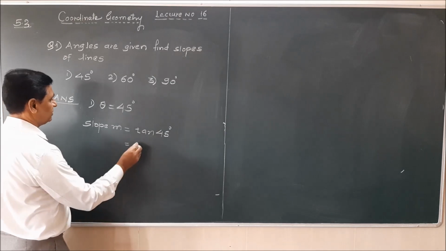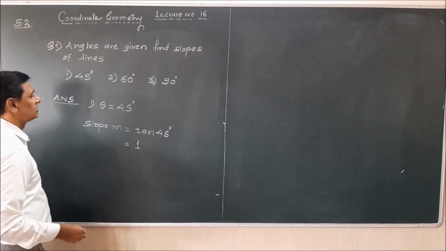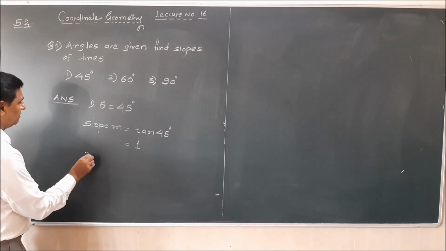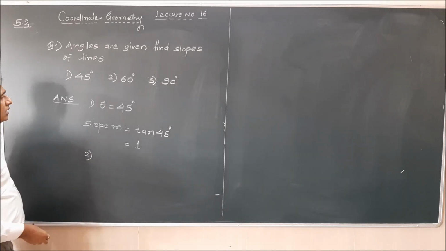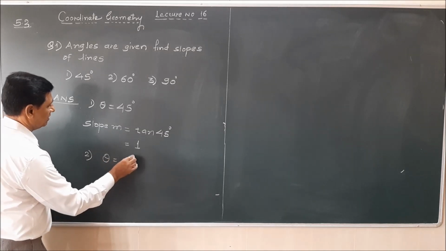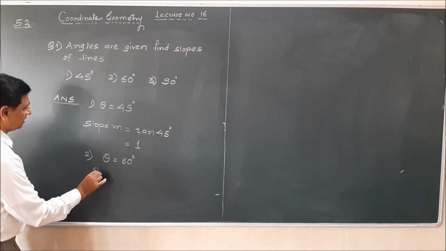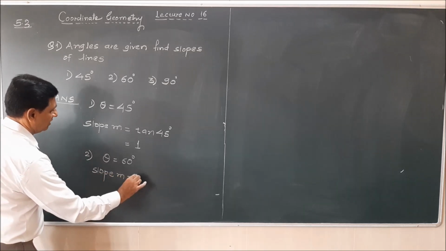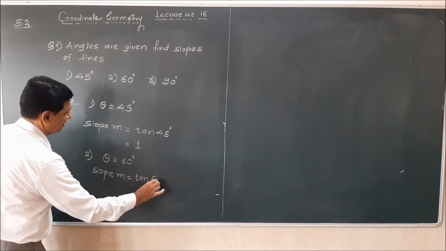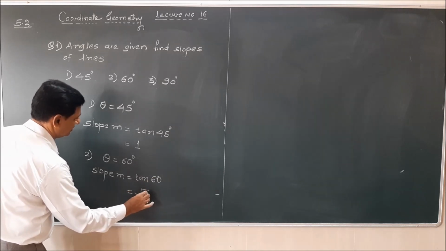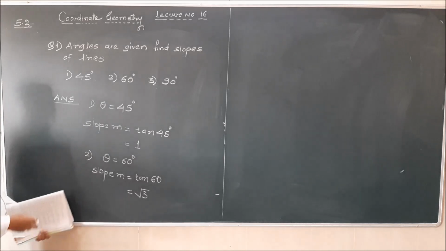So tan 45 is 1, so your answer is 1. Second one is theta equal to 60. So slope m is equal to tan 60. Tan 60 is √3.